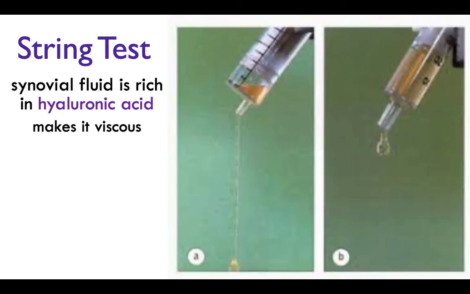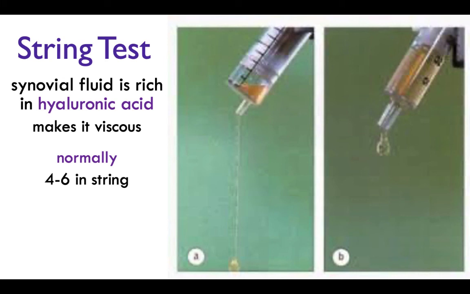That hyaluronic acid, as I said, is something really unique to synovial fluid, and it makes the fluid very viscous and kind of stringy. When that property of stringiness is lost, that's a sign that something is up with our fluid. So we do what's called a string test, where you actually just pull some of the fluid up into, you can see a syringe, and you let it drop. And what should happen is that you should get about a 4 to 6 inch string before it breaks, if everything is okay.